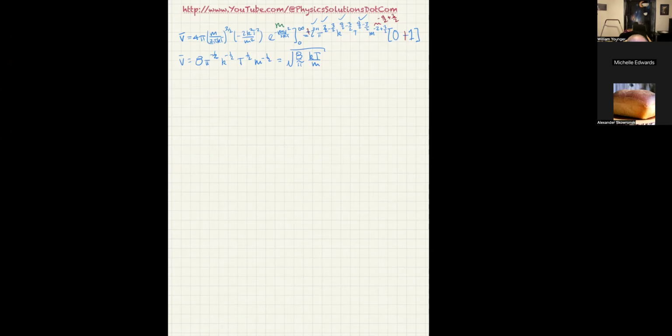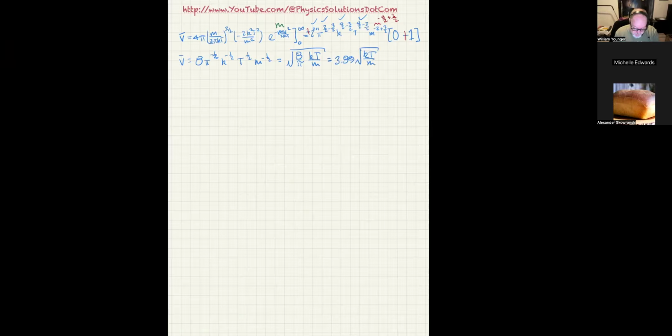So anyways, I guess I'll do it this way. 8 divided by 3. So that's 3.89, which oddly enough is the same number I got just a second ago. That's 3.89 times the square root of kt over m.